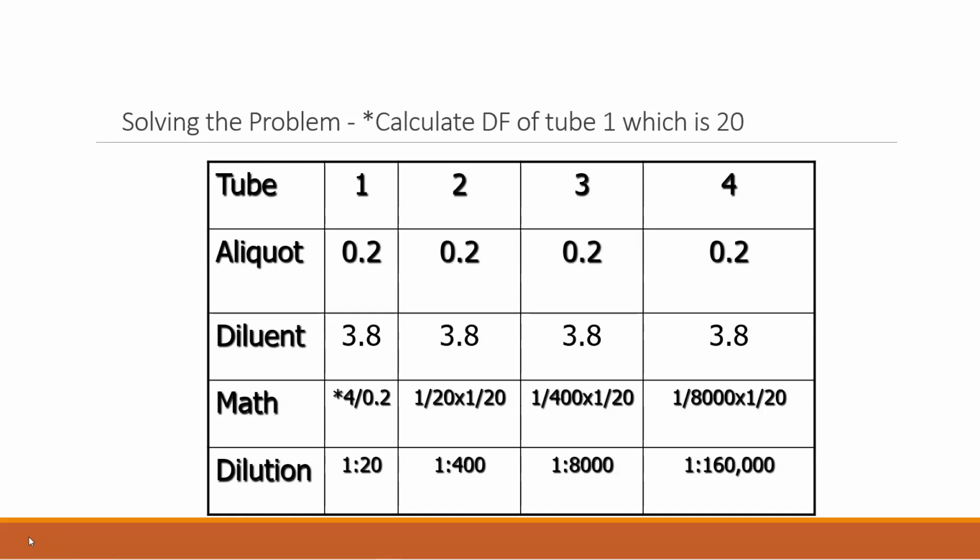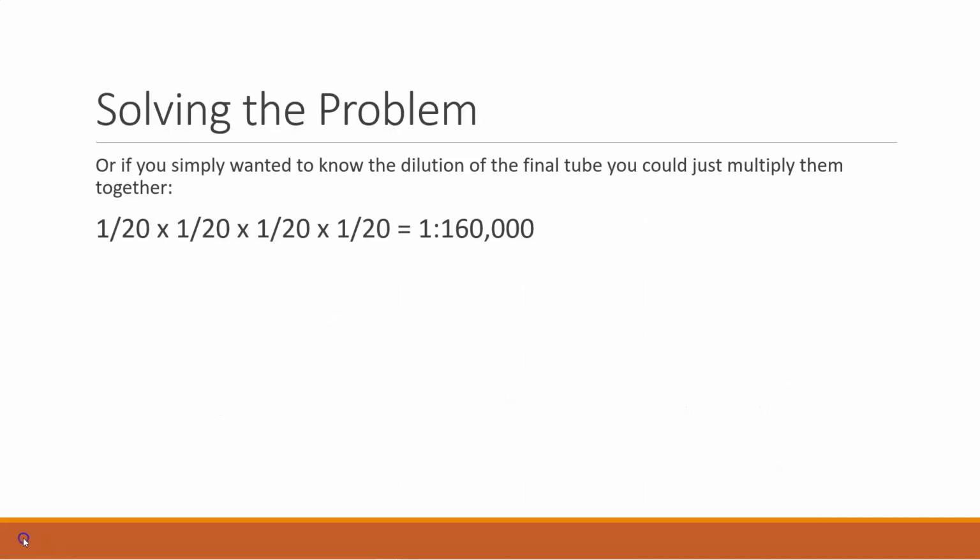So the next tube is 20 times 20 is 400. The next tube is 20 times 400, which is 8,000. So every tube is multiplied by 20. Or if you simply wanted to know the dilution of the final tube, you could just multiply them together.